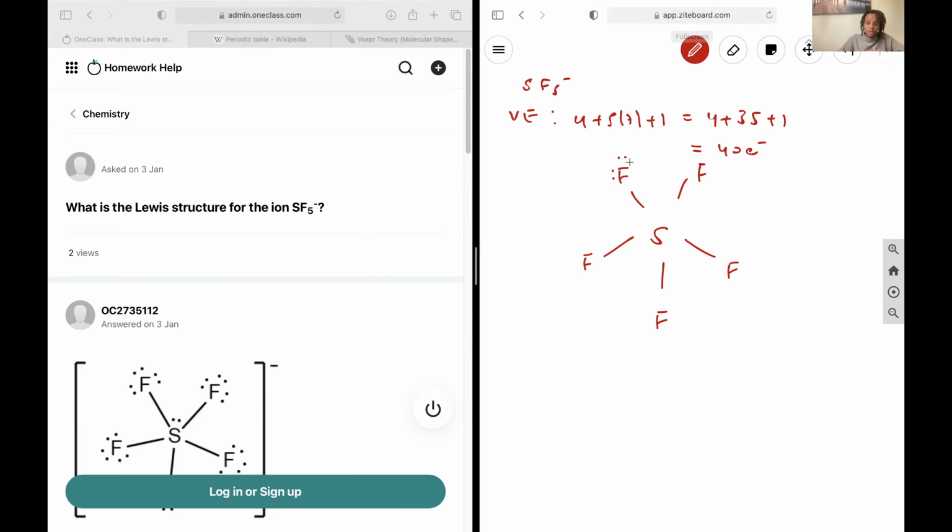And then next up, I'm going to fill in all of the fluorines' octets and see if I have any electrons left to put on the sulfur, our central atom. And so I have 6 by 5 plus 2, 4, 6, 8, 10. So I have 35. Yeah, so I have 30 electrons plus 10. My apologies.